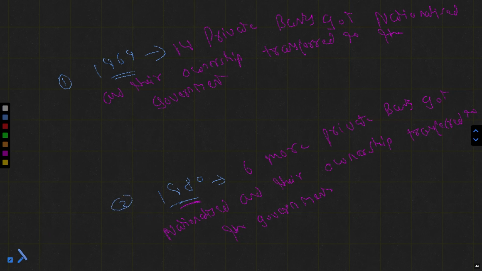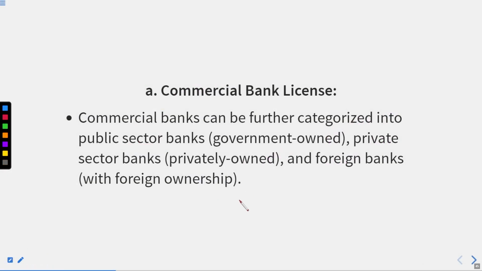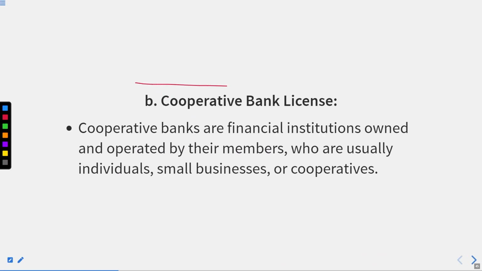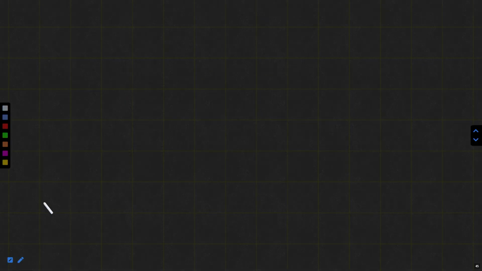Okay, now let's move forward. Cooperative bank license. Cooperative banks are financial institutions owned and operated by their members, who are usually individuals, small businesses, or cooperatives. All right. So basically, first of all, we have to deal with the introduction of cooperative banks in India.